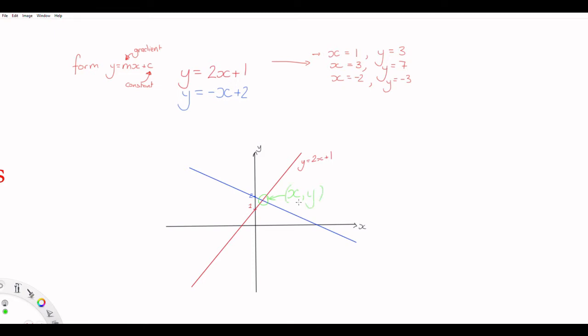So if we have two unknowns and we have two equations, we can find a point at which those lines cross, and that'll give the single values for x and y that satisfy both those equations in this particular scenario.